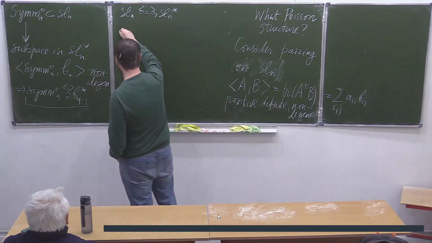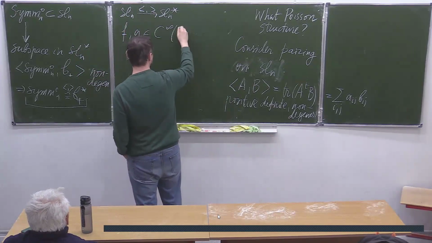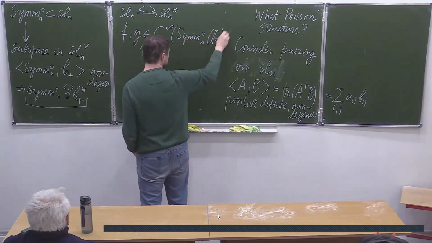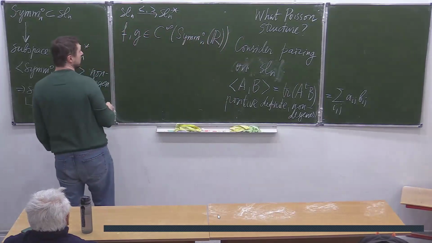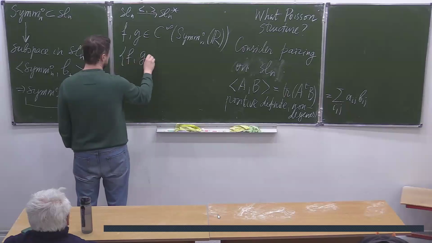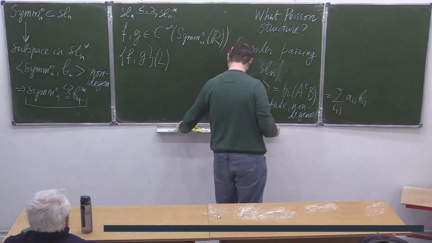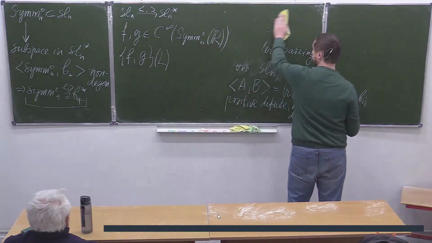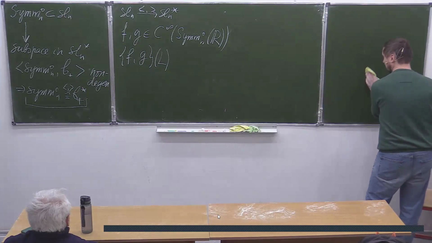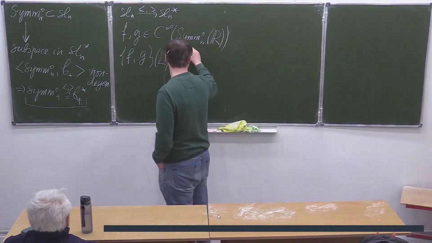it means that if we have two functions, f and g, on symmetric matrices, real symmetric matrices, let it be real once and for all, then we have the following formula. You can calculate their Poisson bracket at the point L. It will give you the following thing.